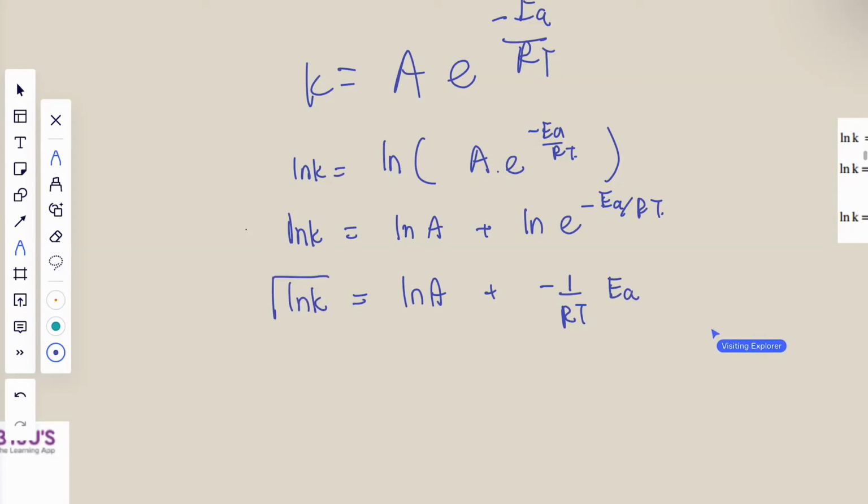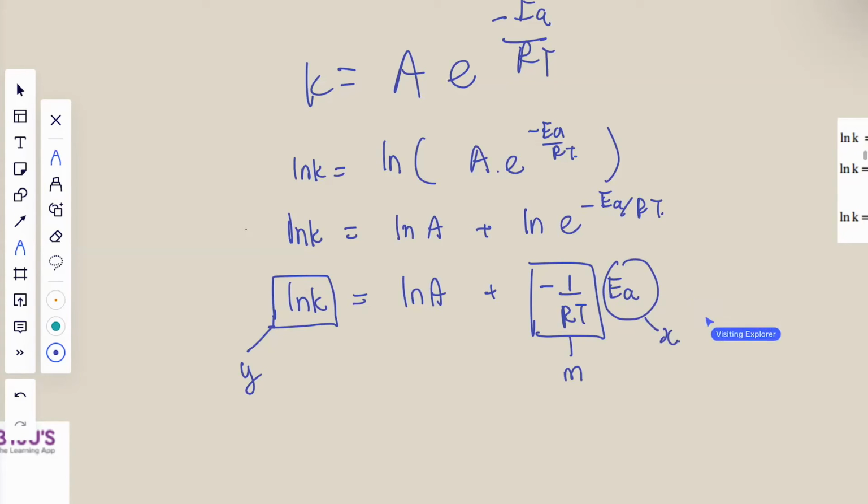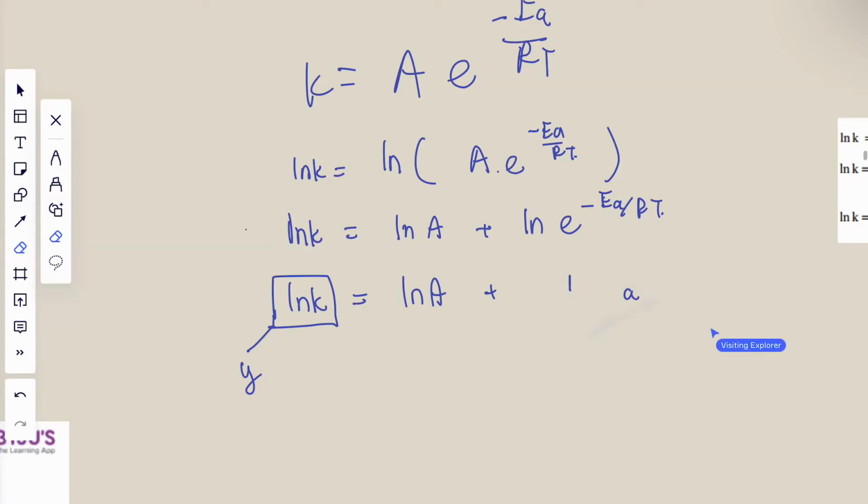Then this one, you're going to get a line here. Y is equals to mx plus c. Minus EA over R, 1 over T, like this.